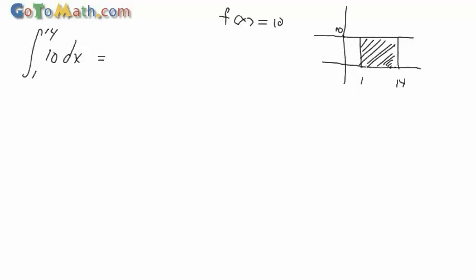You take the difference, 14 minus 1, and multiply it by the height, which is 10. That gives you the area of the box. Really, that's what's going on here. But we don't say this every time because the curve could be below the x-axis and we'd end up getting a negative number.